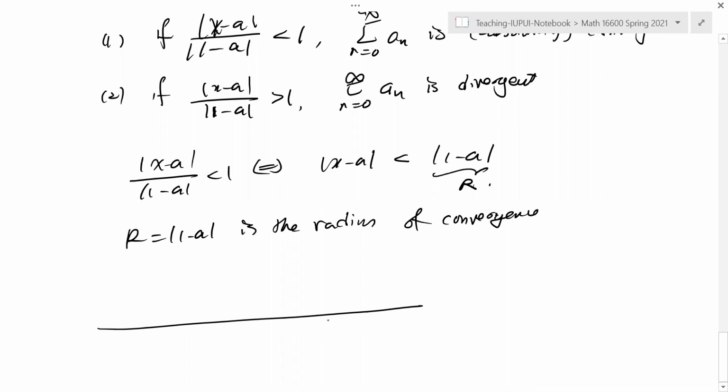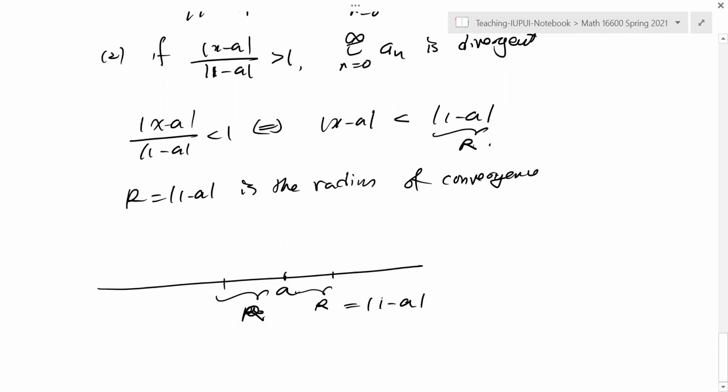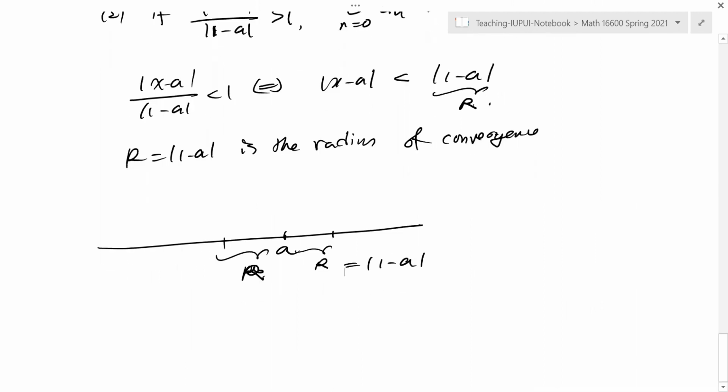This is a, this is my R. One of the endpoints of this interval is 1. So you can see that one of the endpoints, a minus R and a plus R, is going to be 1.